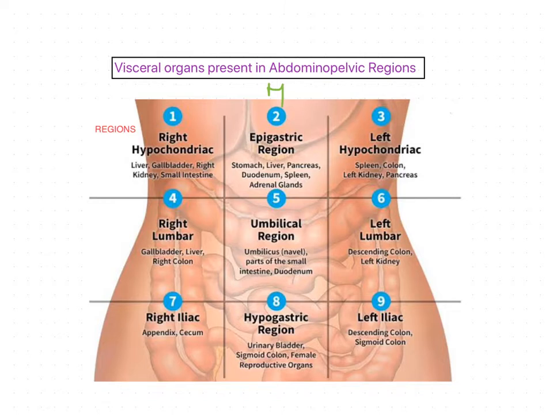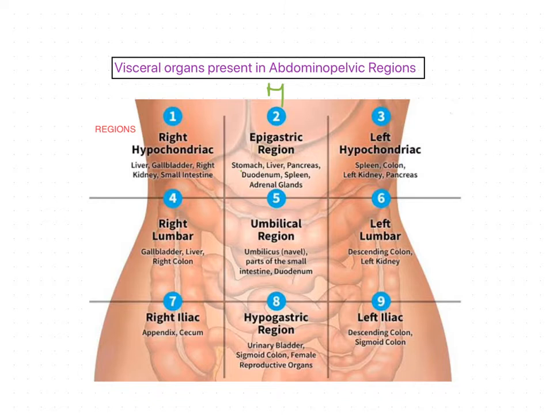If you see the epigastric region, normally it consists of stomach, liver, pancreas, duodenum, spleen, adrenal glands. This duodenum is almost the first part of the duodenum.